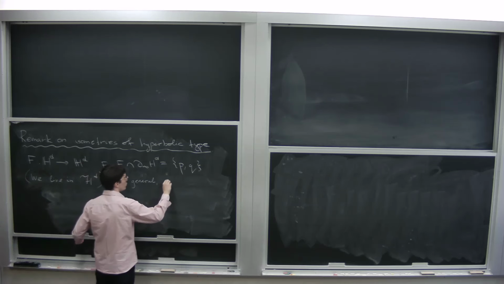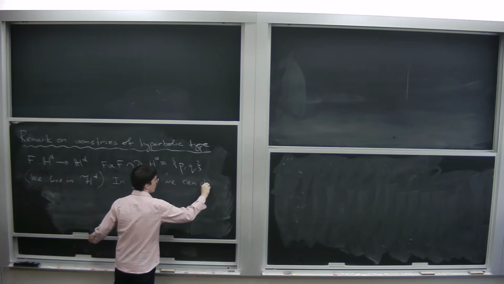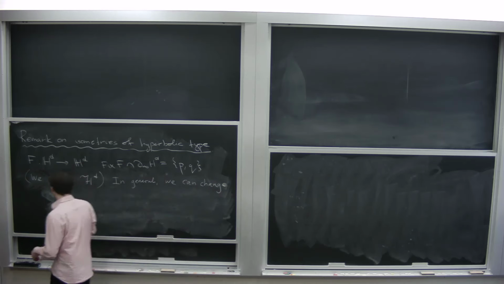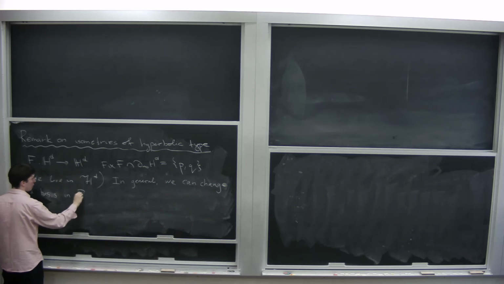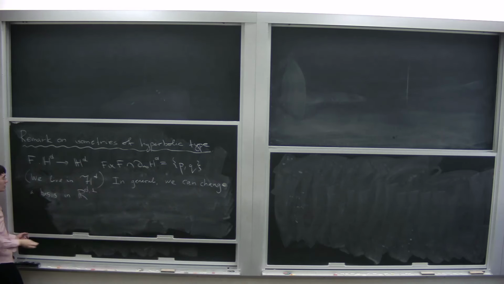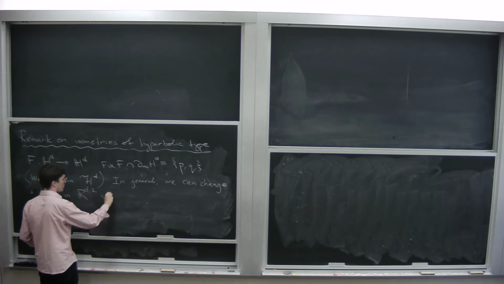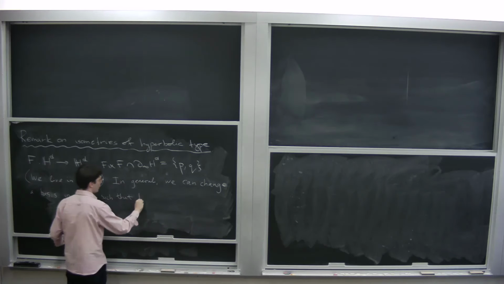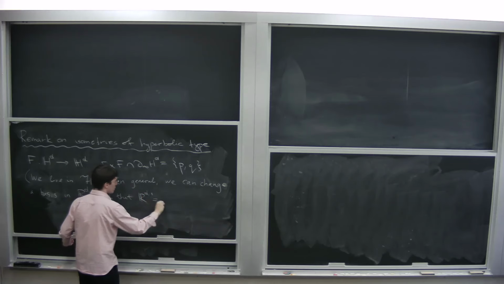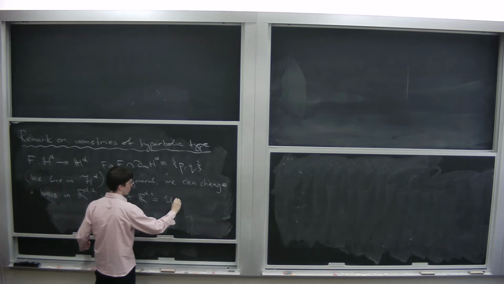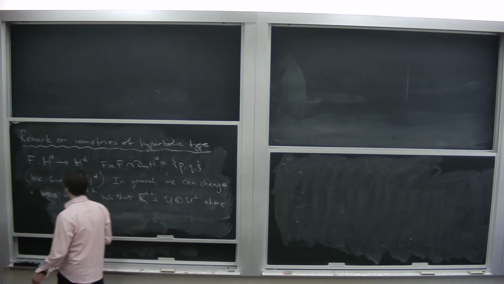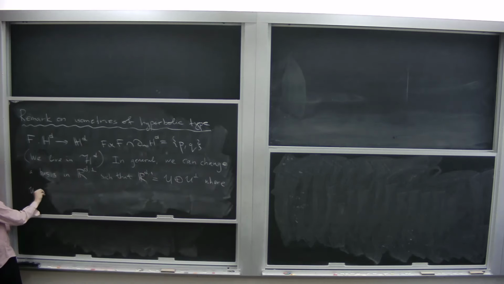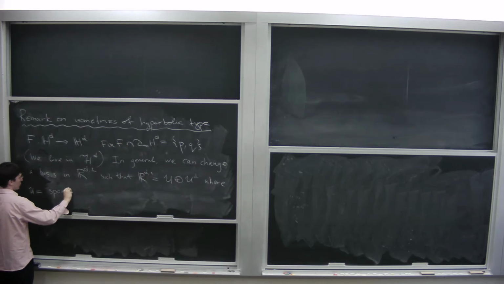We can change a basis in the Minkowski space of signature D,1 such that R^{D,1} is decomposed into the direct sum U plus U orthogonal, where U is spanned by these two vectors P and Q.